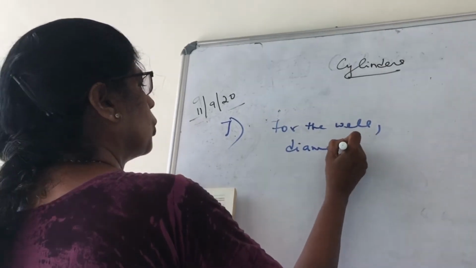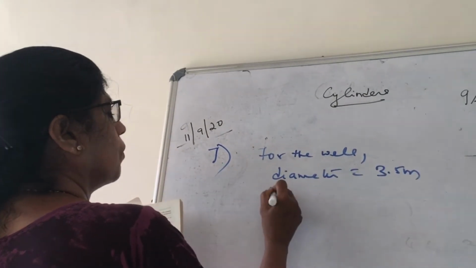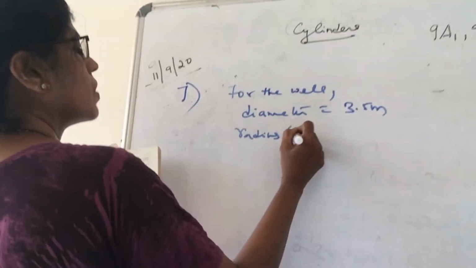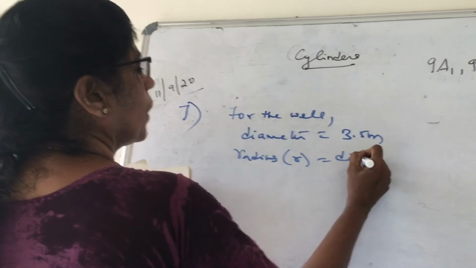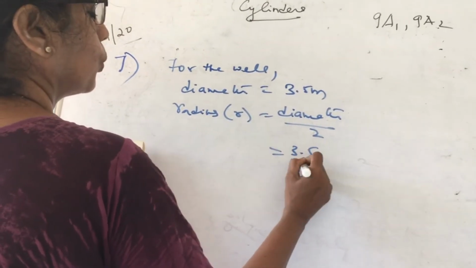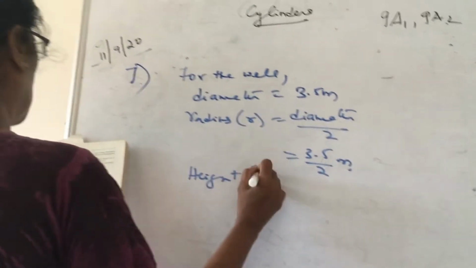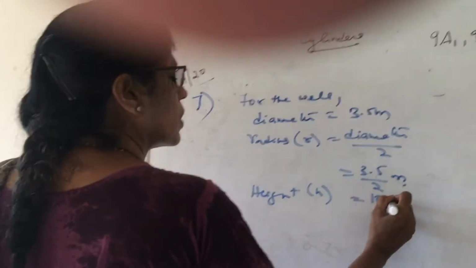And the cost of plastering for the well, how much is your diameter? Diameter is equal to 3.5 meters. Therefore, radius R is equal to diameter by 2, which is equal to 3.5 by 2. You can leave it like that, girls. Height H. How much is the height, children? 10 meters.